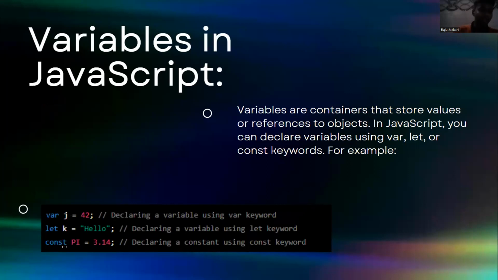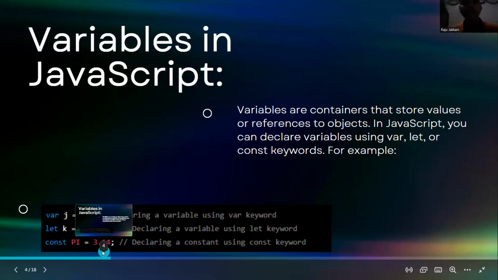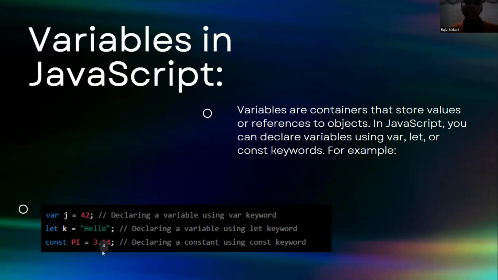If we assign var j equals to 42, we can also change the value during execution time. If var and let are used, we can change it, but with const we cannot change the value. If we declare const pi equals to 3.14, it will stay as it is. We cannot change it at runtime.